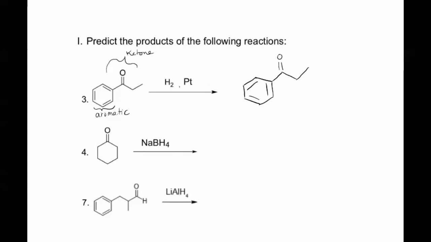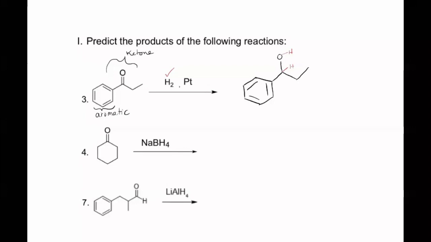And essentially what's going to happen is that the double bond turns into a single bond. Next, of these two hydrogens, one goes to the oxygen, one goes to the carbon that was double bonded to oxygen. And this is the product of the hydrogenation of that ketone.